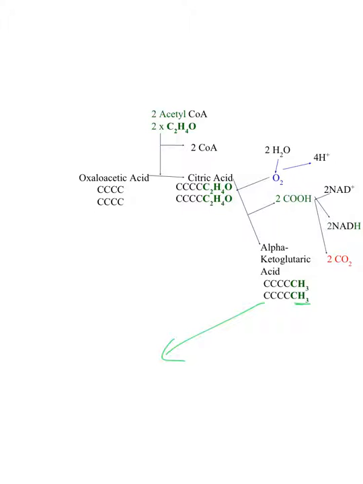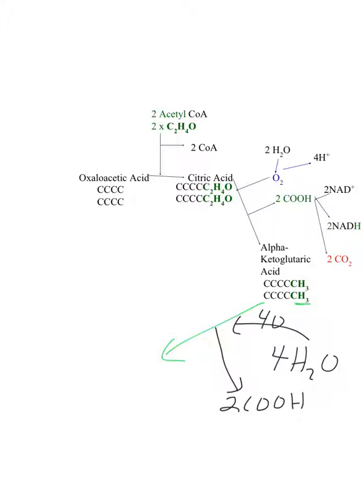In this case, we're going to put in 4 molecules of water. That'll give us 4 oxygens, enough to help us get rid of 2 carboxyls. So we're going to put 4 oxygens in here, and now we can strip off 2 carboxyls.